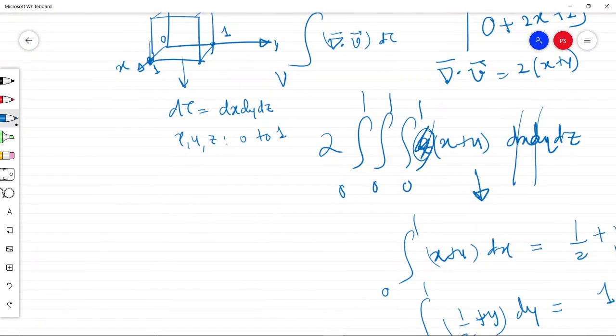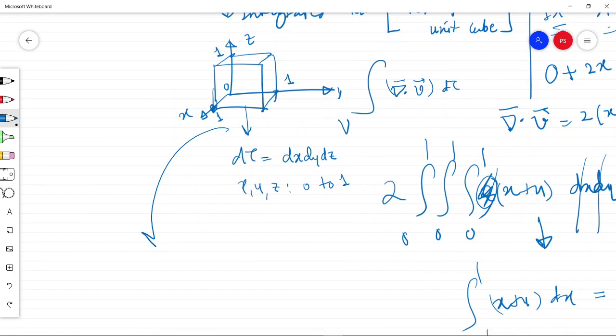Now the right hand side of this is the closed integral of v bar dot dA bar over the surface of the cube. So this is effectively the flux flowing through the cube.